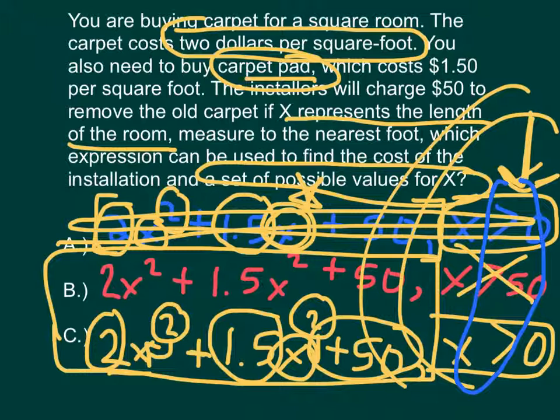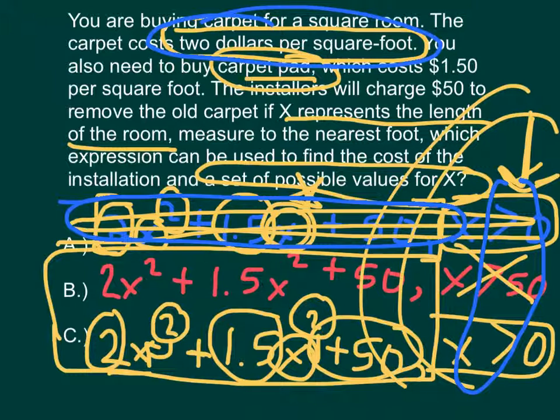And I wanted you to see how I eliminated choice A. Remember how I eliminated choice A? There wasn't a square symbol for one of the choices. And the strategy that I use is that I try to connect everything in the verbal model with everything in the mathematical expression. For example, when I said $2 per square foot, I tried to match that with the $2 there, the footage with the x, and the square with the square symbol.